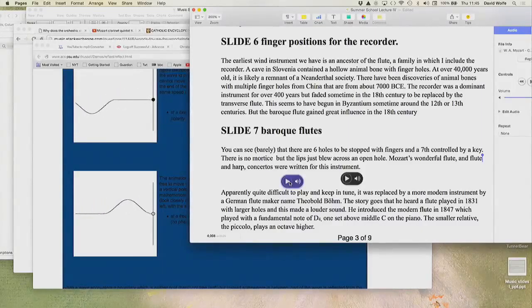Now, gut strings are hard to keep in tune, and so they wanted an instrument. They didn't want the violinists all yelling at each other about who's got the right A, so they used an instrument that made a loud sound and could be heard over the whole orchestra. They used the oboe. And I don't know if that's the truth, but that's what I read, and it sounds quite reasonable.